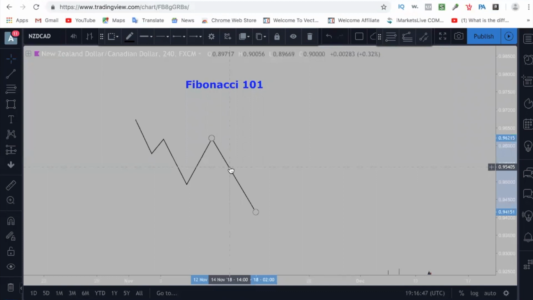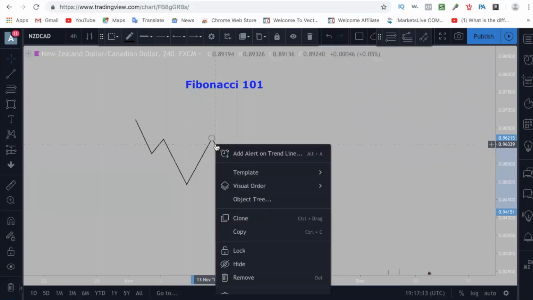In order to have a downtrend, you have to have a continuation of making lower lows, and it has to respect the previous structure high. But like I said, where Fibonacci comes into play is that it will give you coordinates where the market could possibly pull back and show you those extra signs of reversal to continue on with this trend.